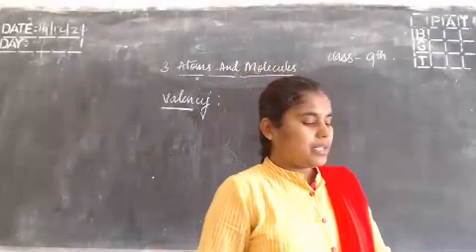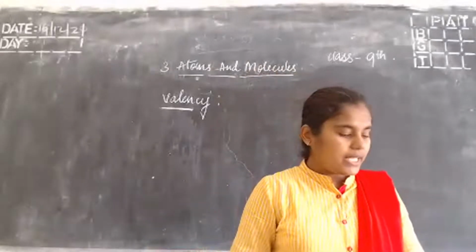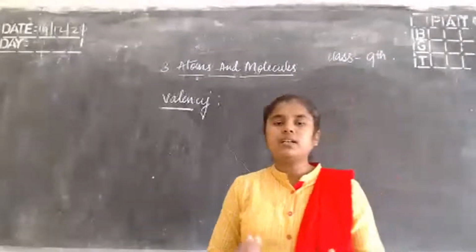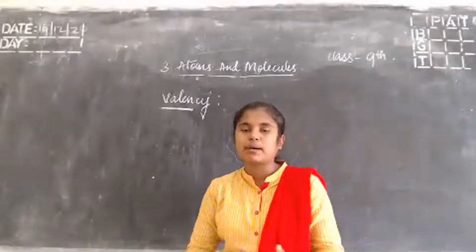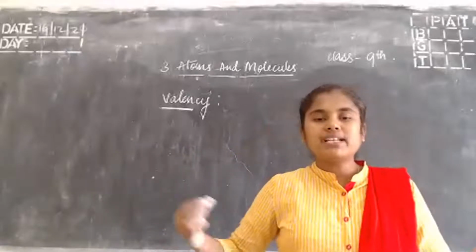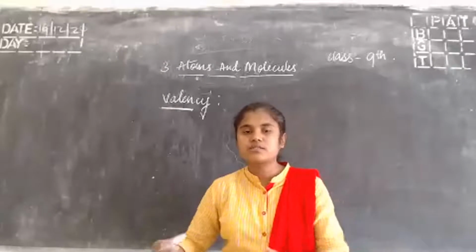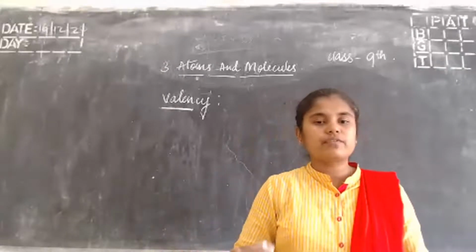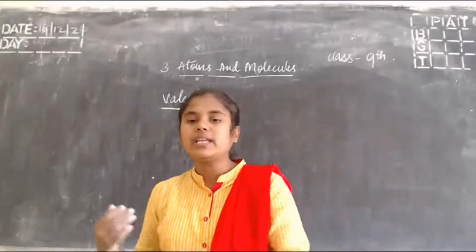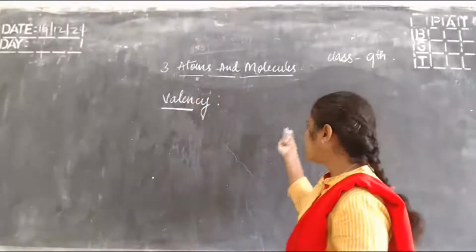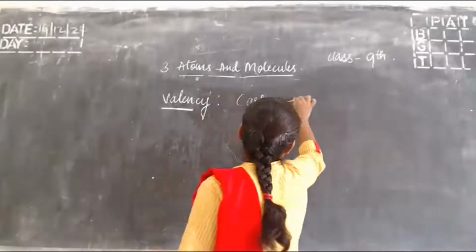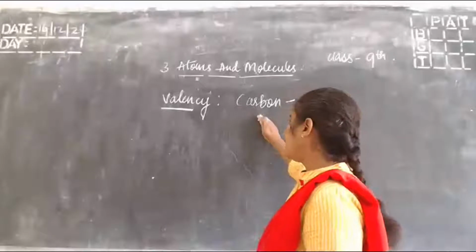So valency can be used to find out how the atoms of an element combine with other atoms to form a chemical compound. With the help of valency, we can easily say that the combining capacity of this atom is this much and it has this valency such that it has formed the chemical compound. One example I have said is carbon, which has a valency of 4.